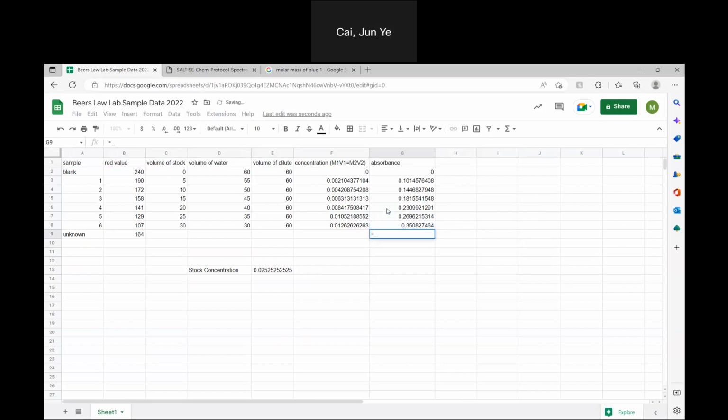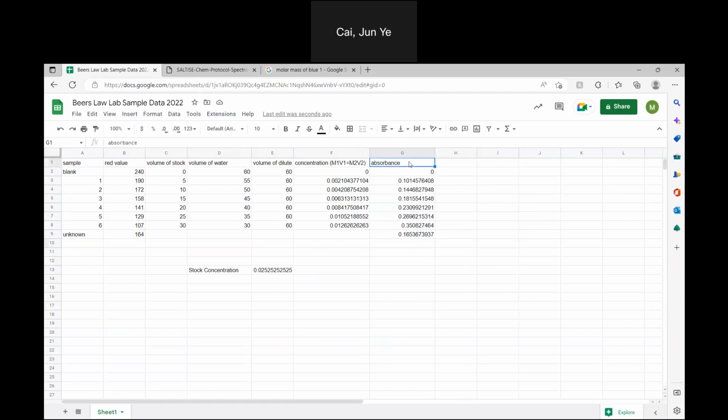Then we do the same to calculate the absorption of our unknown: negative log of B9, which is our unknown, divided by our blank. And as you can see, we have all our concentrations and our absorptions.